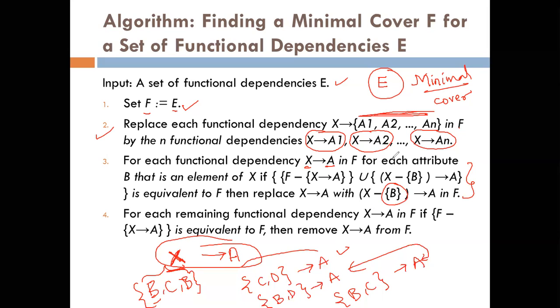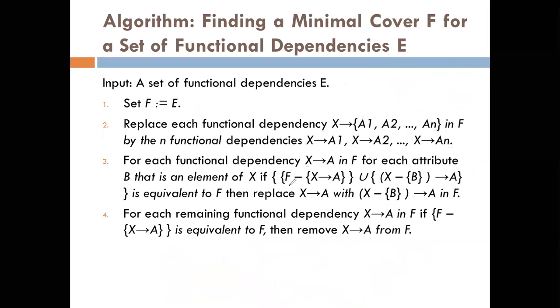For each remaining functional dependency, X determining A in F, if F minus XA is equivalent to F, then we will remove X yielding A. So for each functional dependency X determining A, we will verify whether, if we remove this particular functional dependency from F, it is still equivalent to F, and then we will remove this.